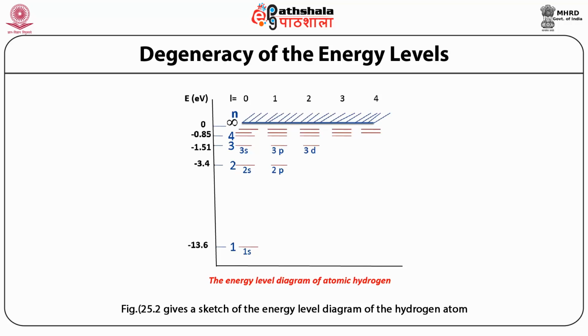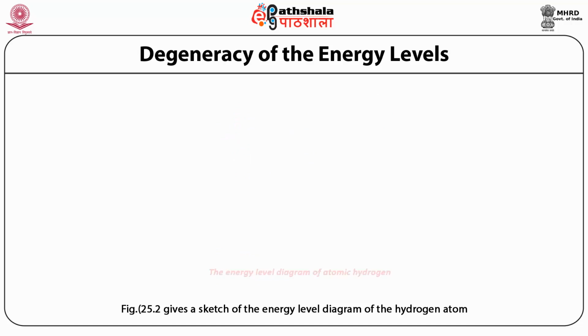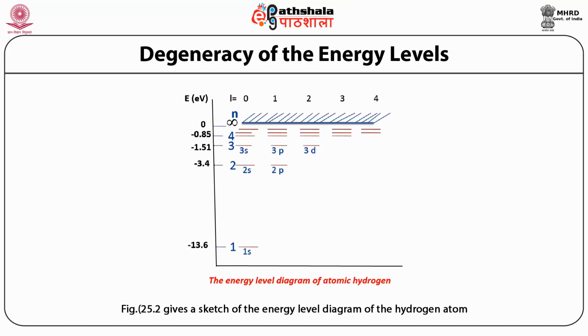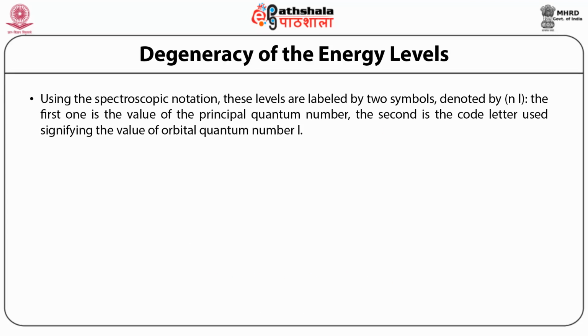We have the energy corresponding to each quantum number, the principal quantum number n. Now using the spectroscopic notation, these levels are labeled by two symbols denoted by nL.